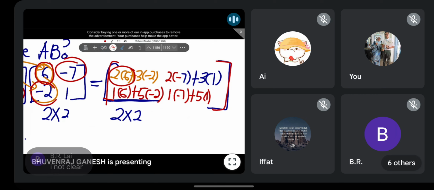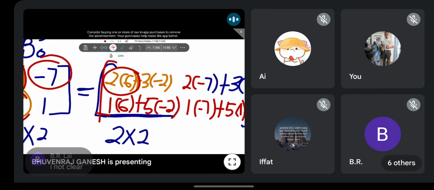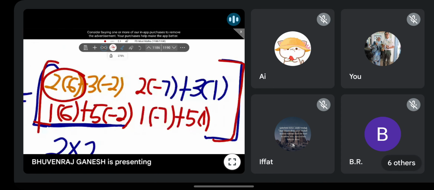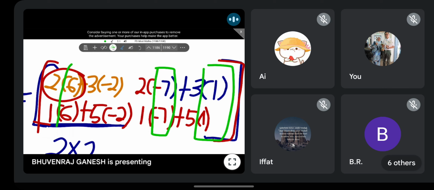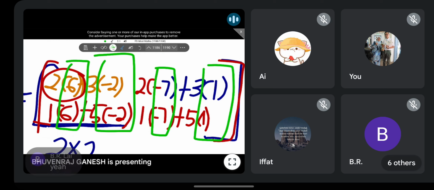Okay, so now I want to share with you all the tips. If you don't understand, never mind, you focus on the answer I write here. Guys, I want you all to notice something. Can you see that the number up and down is the same? Negative 7, negative 7, 1, 1, 6, 6, negative 2, negative 2. This is the thing you must make sure is the same when you do your matrix multiplication.